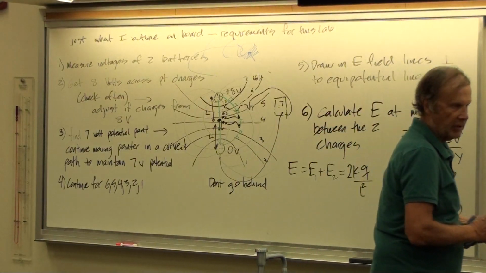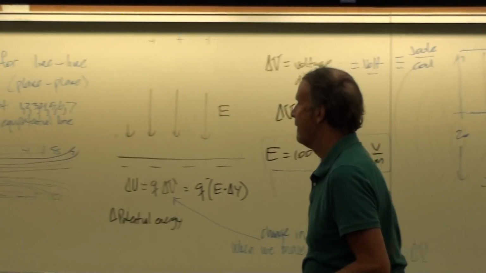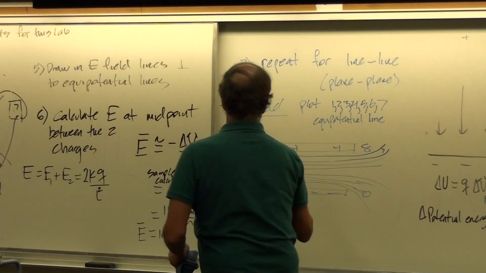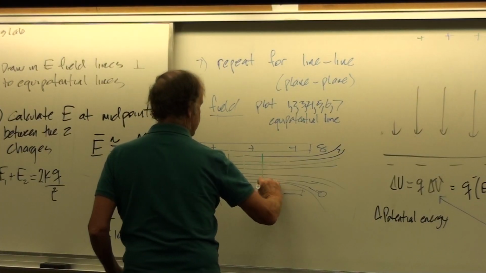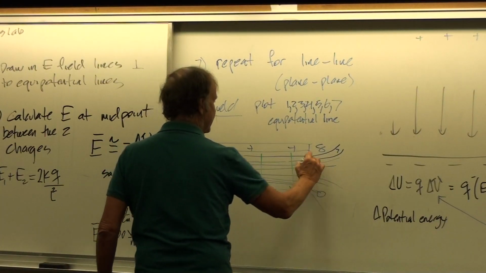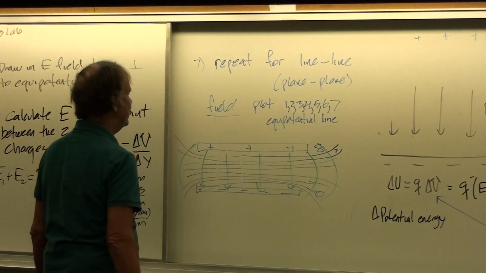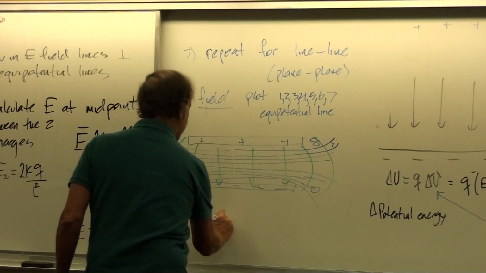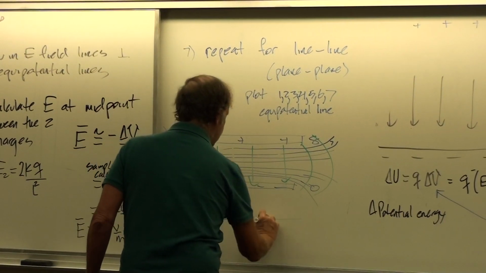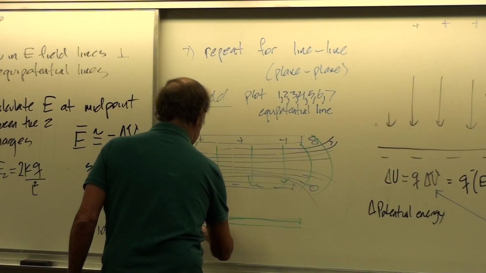Okay, and so then you'll draw your electric field, always perpendicular to the equipotential line. So it should look something like that in the middle, but should have some edge effects near the outside. And so this is what you get with a finite plane of charge, where the distance between the plates is noticeable.